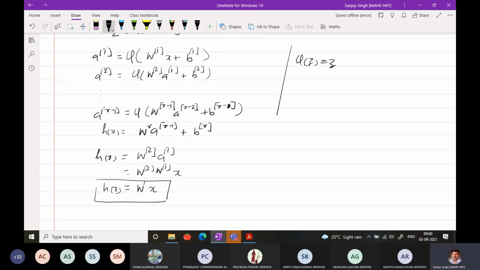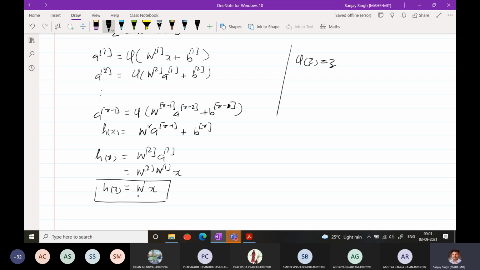We are applying a linear function to another linear function. When you apply a linear function on another linear function, the outcome will definitely be a linear function only, meaning the input multiplied by some constant factor. So the representational power of your neurons will be lost, because oftentimes the outputs we are trying to predict have no linear relationship with the inputs.